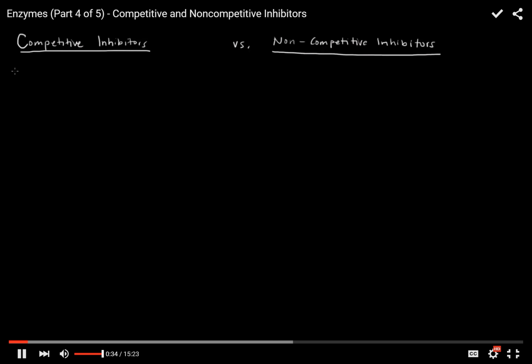So competitive inhibitors bind at the active site of an enzyme. In that sense, they're competing with the substrate, and I'm going to abbreviate substrate as S and inhibitors as I. So they're both trying to bind at the active site.